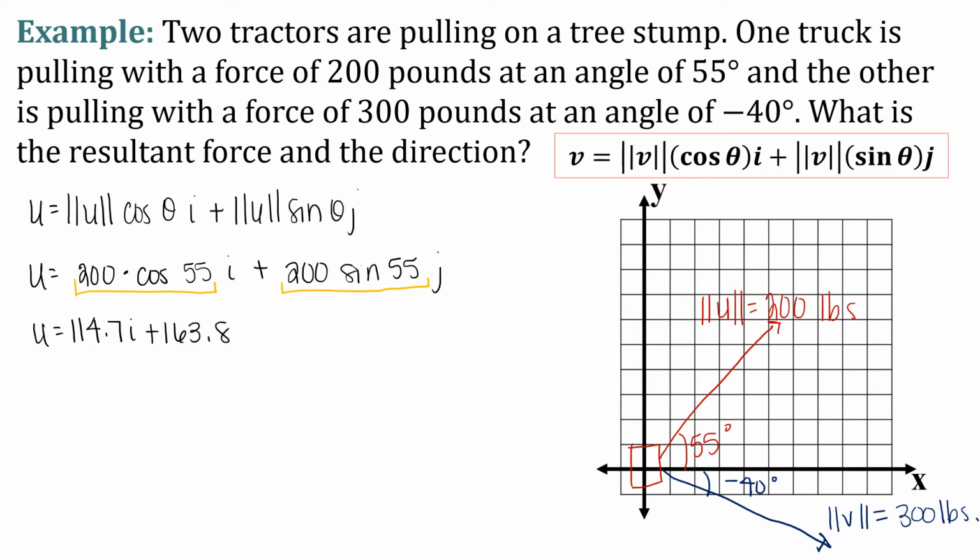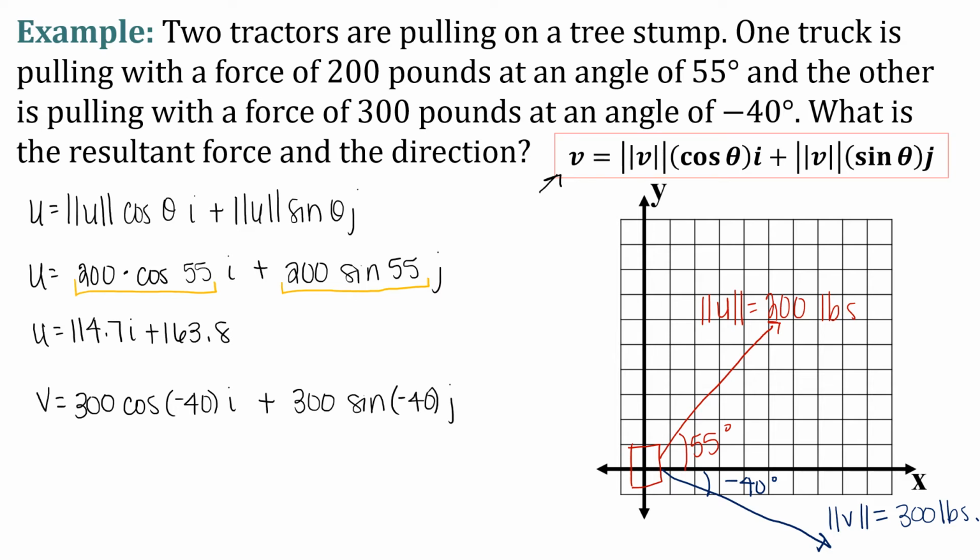Okay, so now we're going to do the same exact thing for V. So V will look like this exact formula right here, so I'm not going to rewrite it. The magnitude of V is 300, and the angle of V is negative 40.